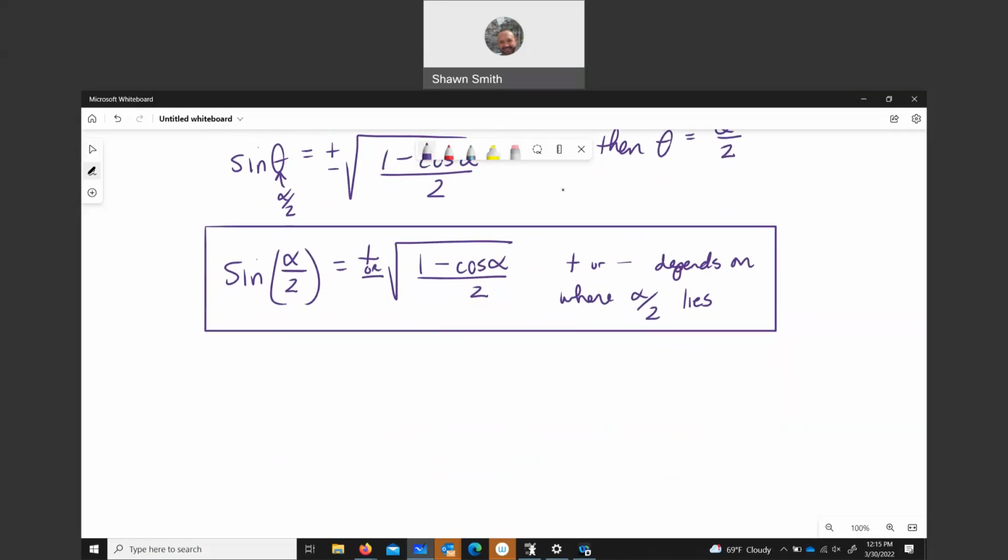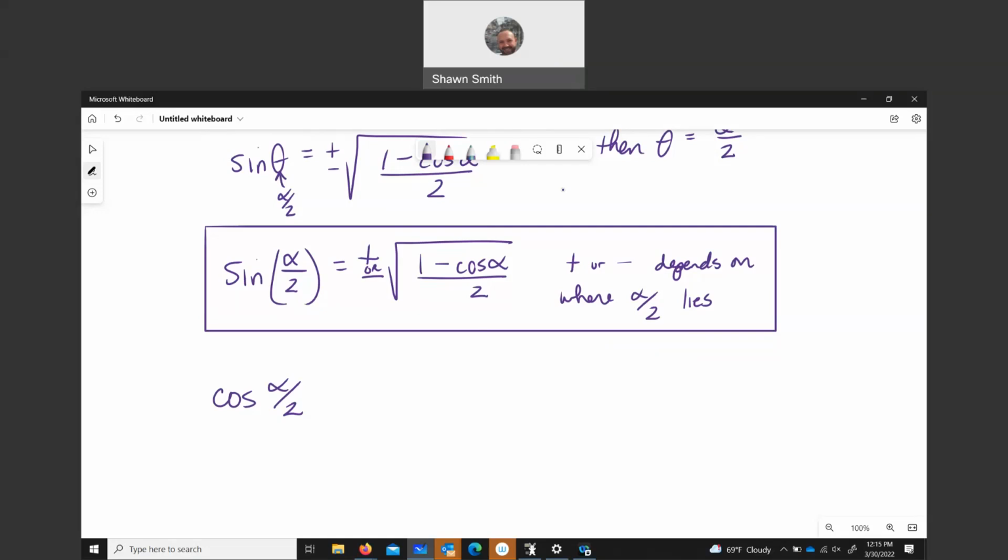All right, cosine of alpha over 2. You can do the same technique, except now you use the other formula for cosine of 2 theta. We use 2 cosine squared theta minus 1 and solve for cosine of theta. It comes out the same scenario. I'm rearranging the equation.